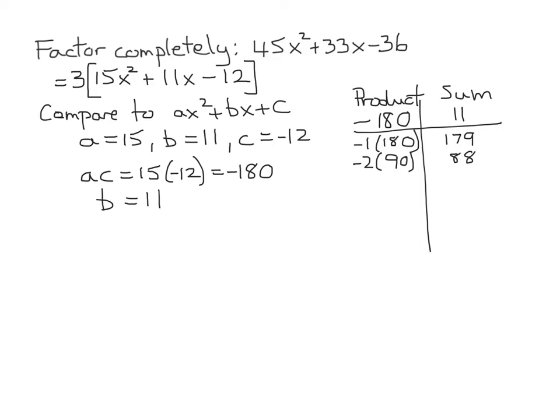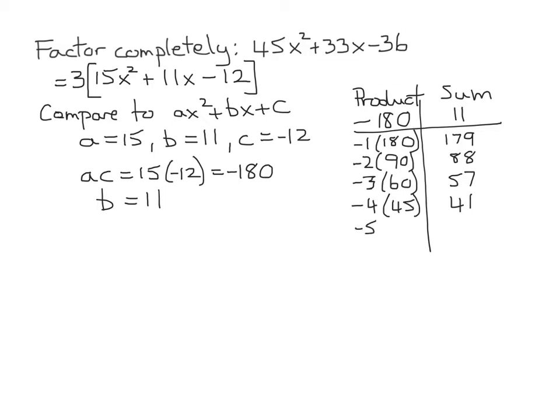Still way away from the sum I need. Okay, 3 goes into there 60 times, so negative 3 times positive 60. Those add up to 57, not even close. 4 goes into 180. I think it's negative 4 times 45. And that's going to give me a sum of 41.